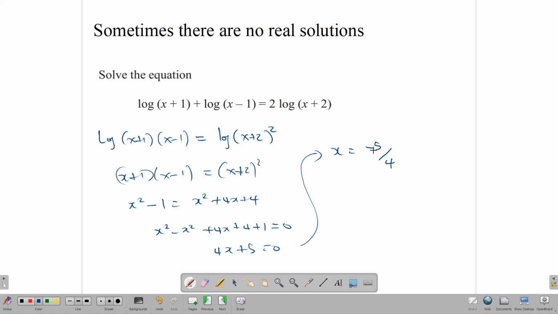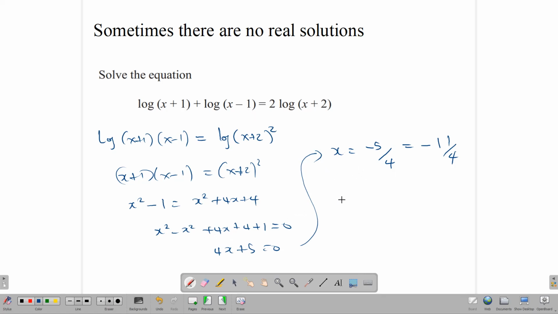Now, if we put -5/4 here, this -5/4 is the same thing as -1 1/4. So if we put it here, we are going to end up with a negative here. As I said before, negative numbers don't work in the domain of a log function. So even though we got a solution from the quadratic, which ends up as a linear equation in the end, the solution doesn't work in the question.